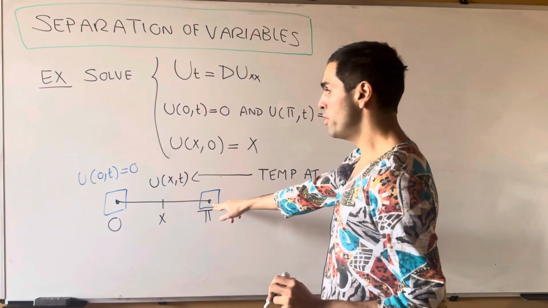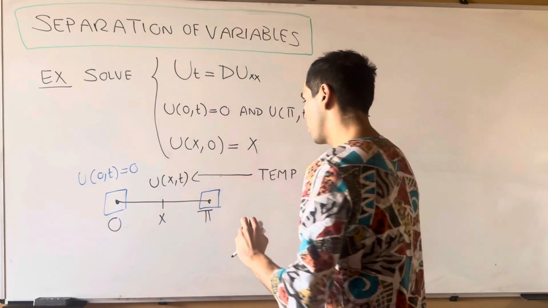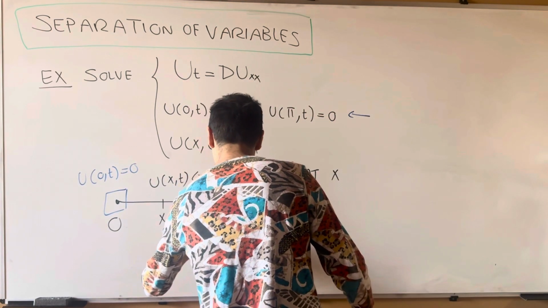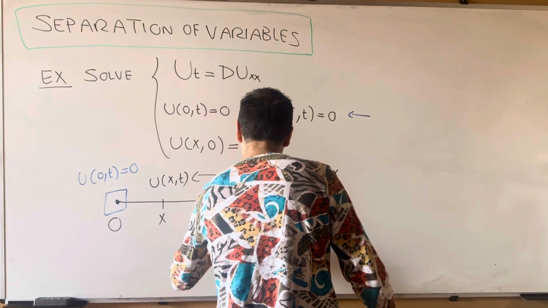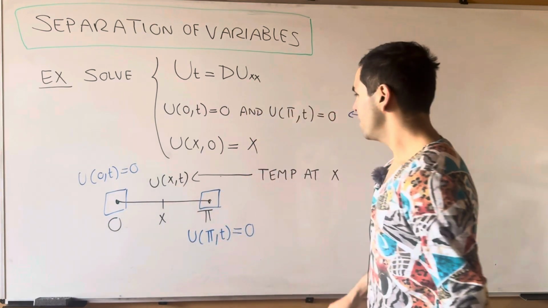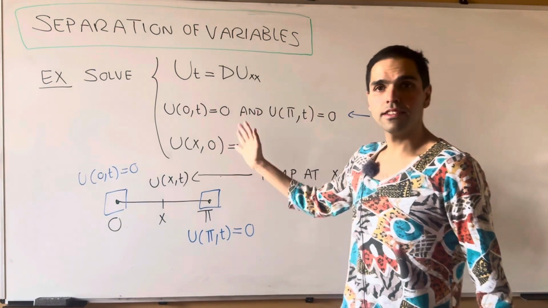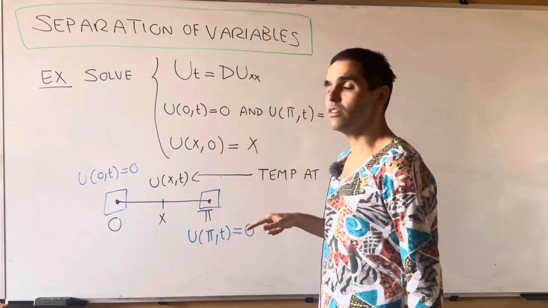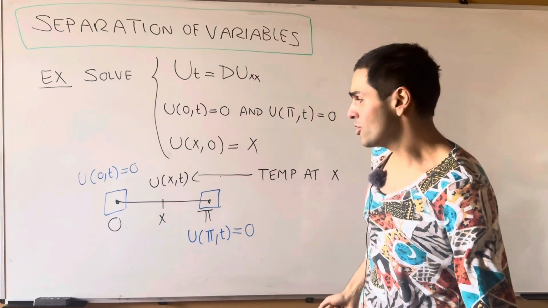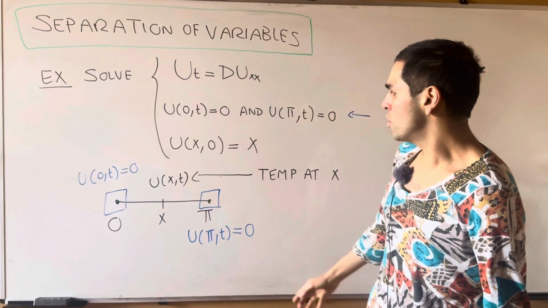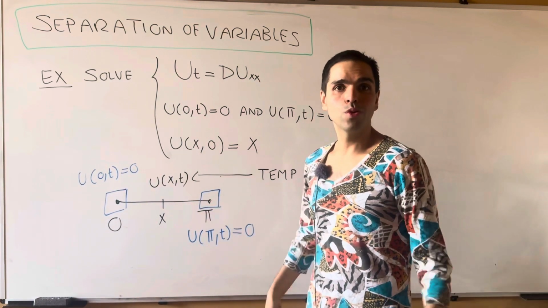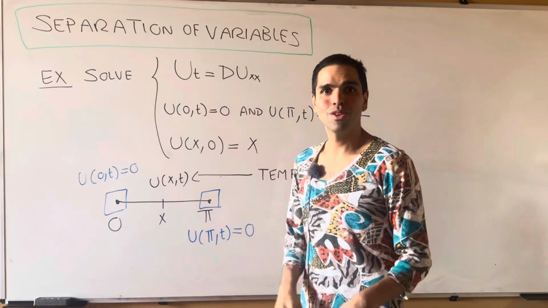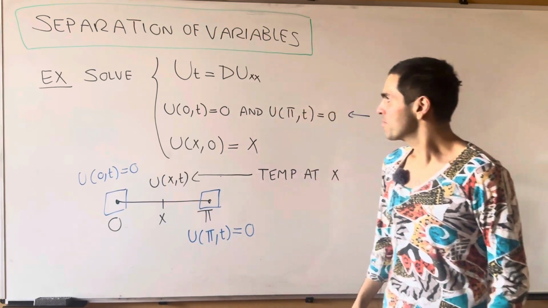And the temperature at pi is also always 0. u(pi,t) is 0. And by the way, don't worry that this is discontinuous. The same technique works for continuous initial data, and also here we have a formal solution that might have a jump. So the technique is still valid.